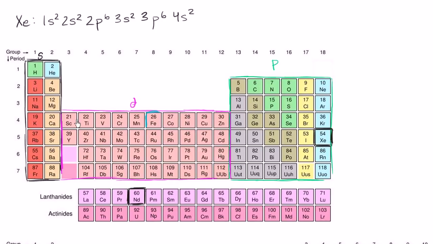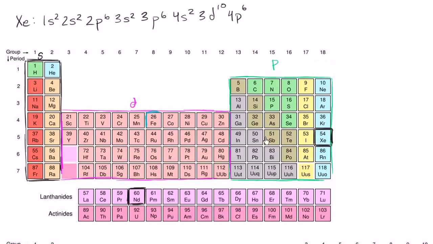And remember, in the D block, even though we're in the fourth period, we're going to actually fill in the 3D subshell. We take the period -1, so it's going to be 3D, and to fill it up, you have 1, 2, 3, 4, 5, 6, 7, 8, 9, 10. 3D10. Then you're back in the P block, and since you're in the fourth period, it's going to be 4P, and once again, to fill it up, you have 6 electrons.